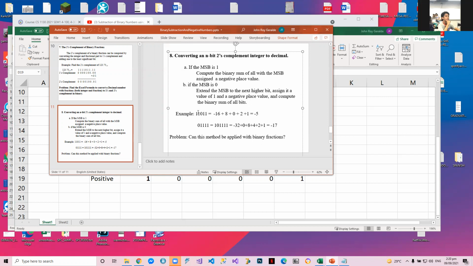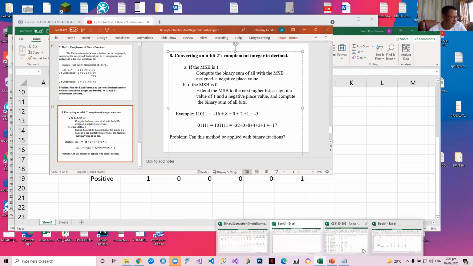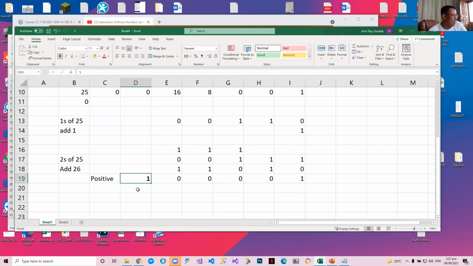A number is in 2's complement if the last carry is a 0. Like in this example, okay?